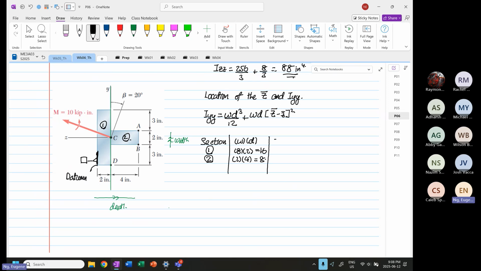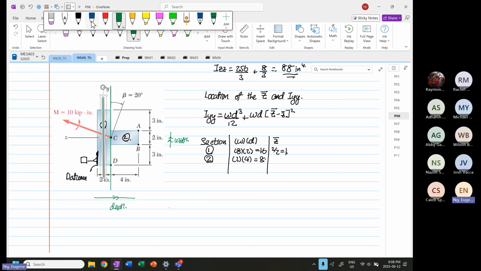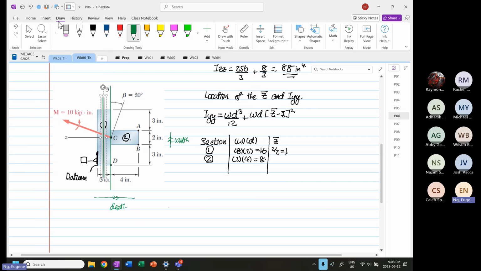Then the next one, we are going to have the small z bar. So it's equal to 2 divided by 2, which is equal to 1. The small z bar is basically here. One line is over here, that's for section 1. And for section 2, it is exactly at the center over here.